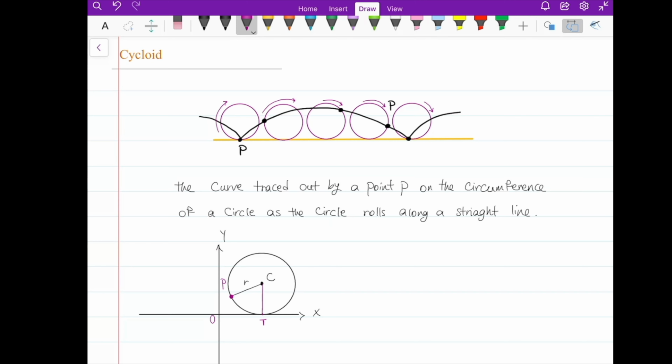Let's call this angle theta, the parameter for rotation of the circle. When theta is equal to 0, then P is at the origin.